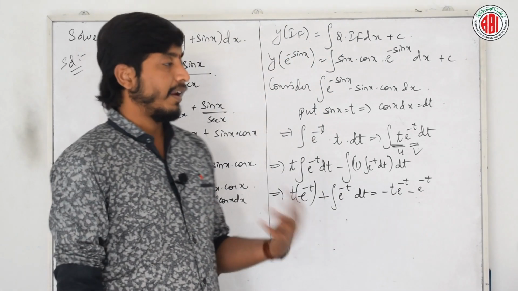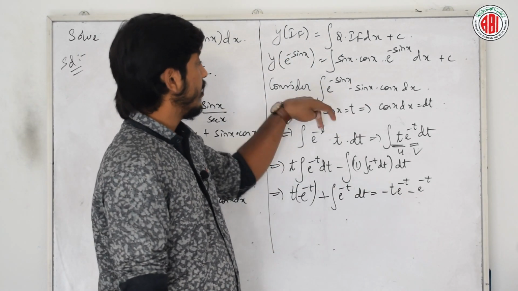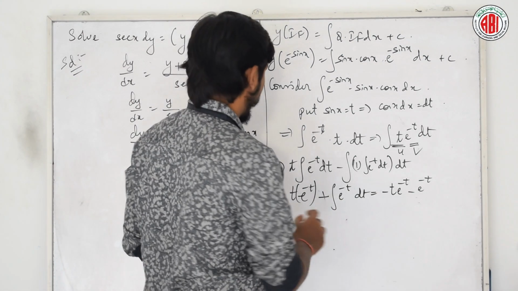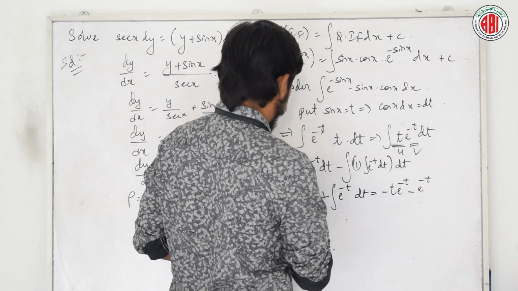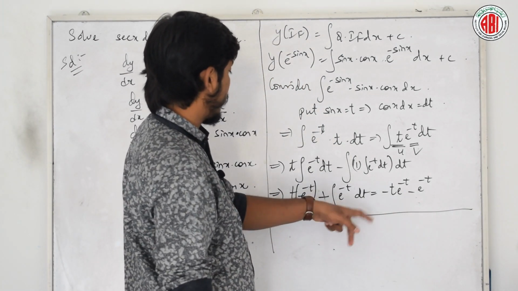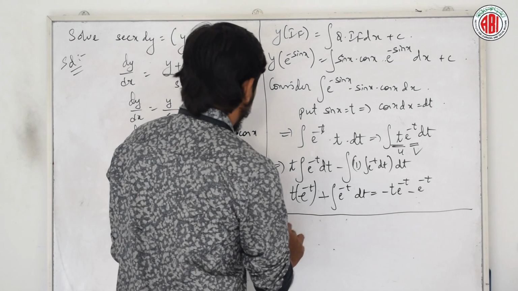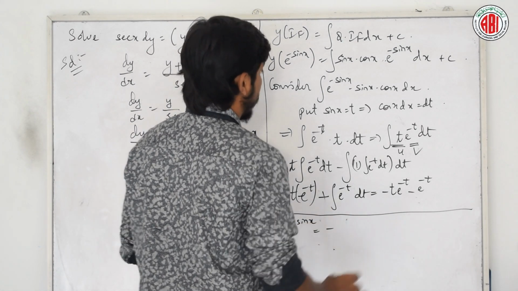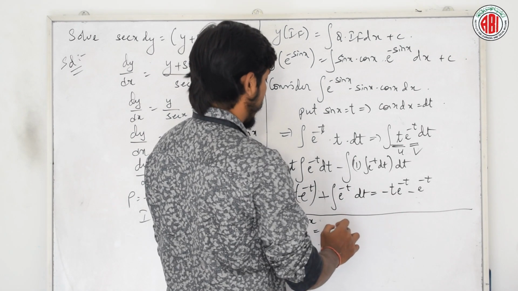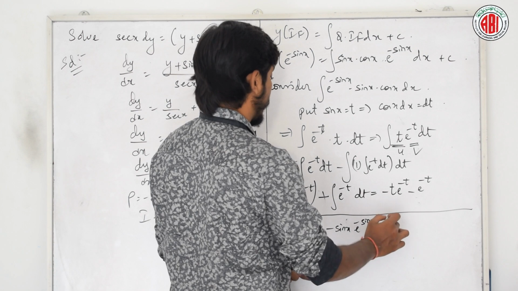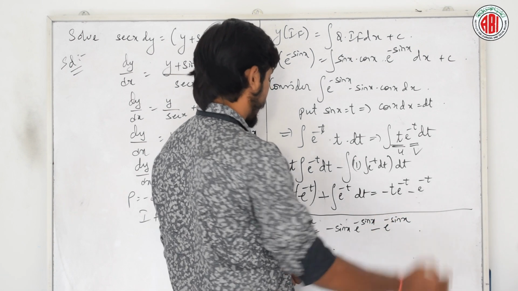So let us replace t with sin x. So what do we get? What is my final solution? Y e power minus sin x is equal to minus sin x e power minus sin x minus e power minus sin x.